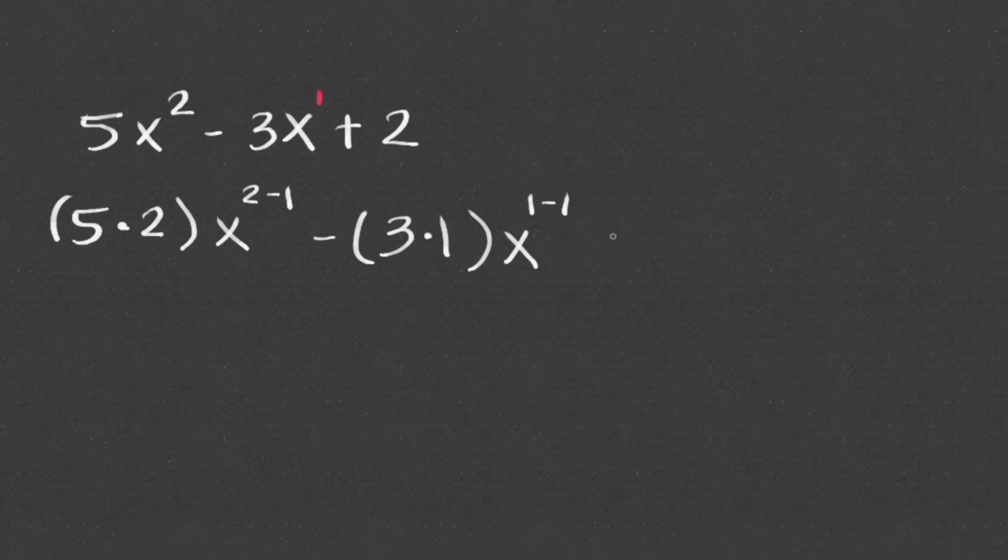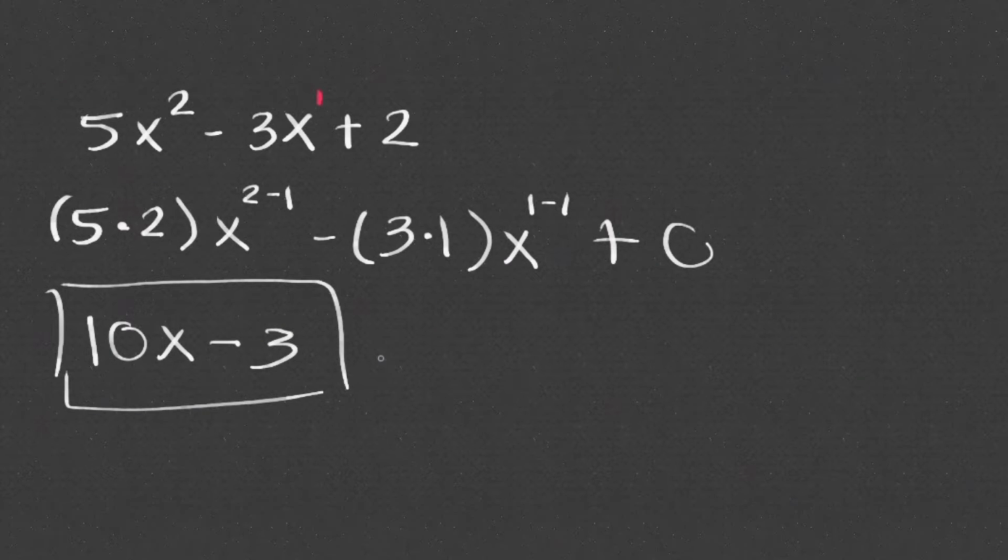Take note, the exponent of x will become 0. Anything that is raised to 0 is 1. Plus, the derivative of any constant is 0. Therefore, the answer is 10x minus 3.